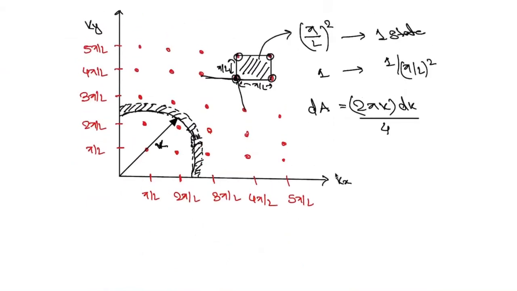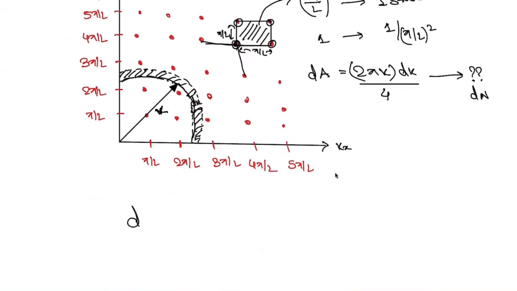So how many states are there in this? That is basically our dn. So dn simply means, what will be our dn? dn simply means how many states there will be in 2 pi k dk upon 4, right? So we can do that.